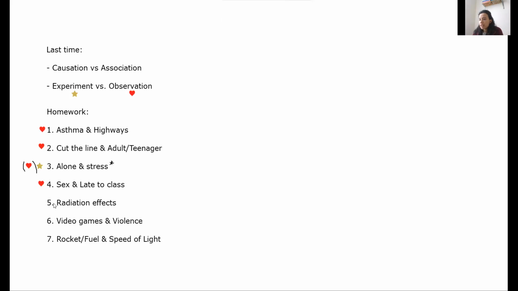Then radiation effects after 2 days, I think was the setup. Experiment or observation? Experiment. Observation. Ooh, somebody wants to play. I would say observation because radiation already has been shown to have poor effects on people's health, and so that's not something that you want to expose people to.